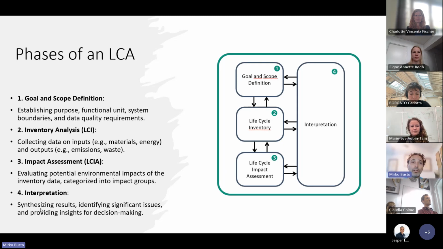And then we interpret the results, synthesizing them, identifying significant issues, and providing insight for decision making. This effort looks quite linear. I mean, there are 4 phases, but normally this is not performed in a linear fashion.